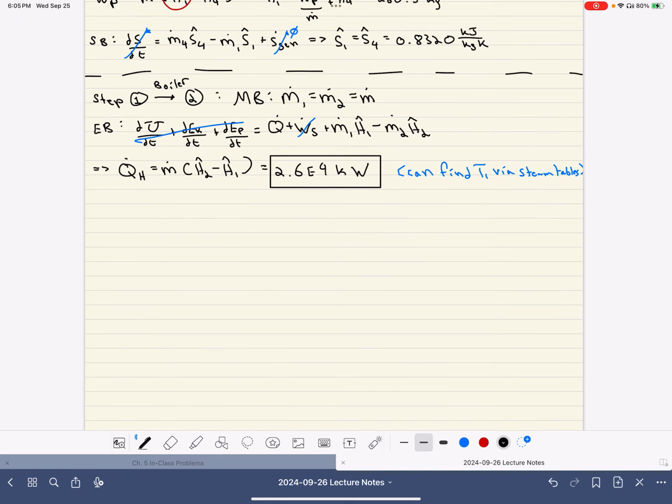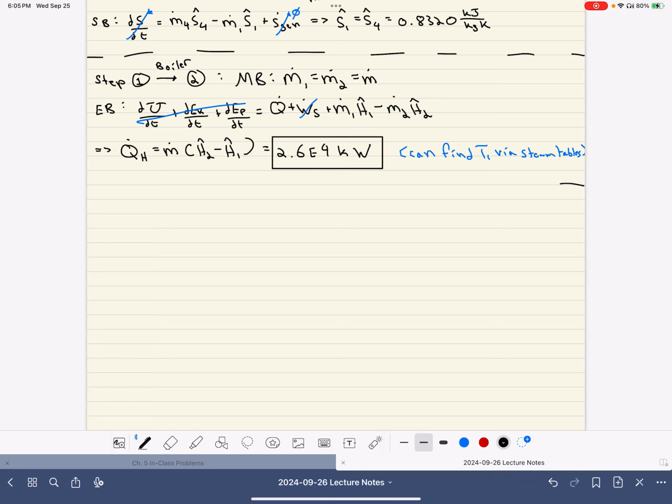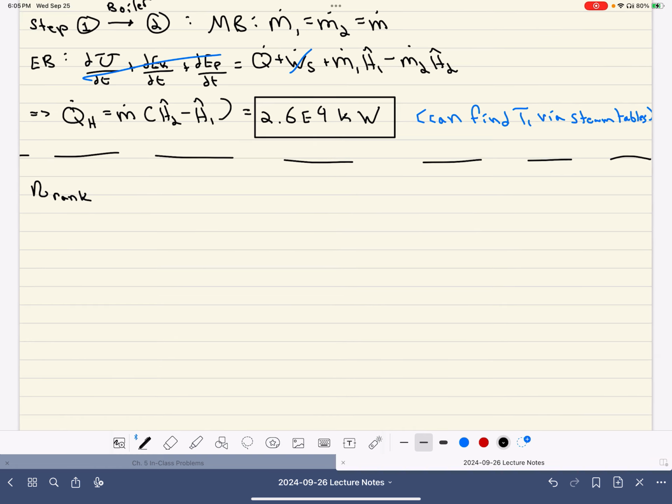Okay. All right. And now that we know all the different parts of the Rankine cycle here, we could actually calculate the efficiency of the cycle as well. Okay. So the efficiency, eta Rankine, is going to be your negative W total divided by the heat put into the cycle.